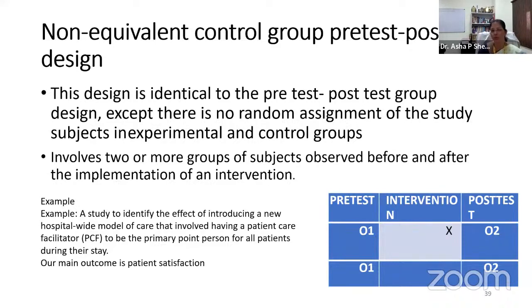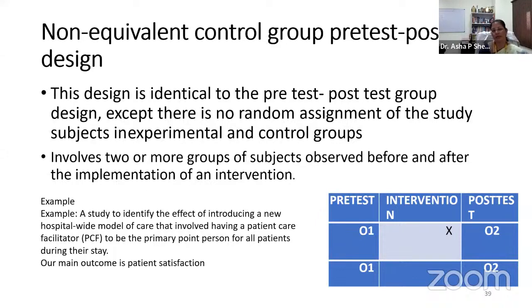So it involves two or more groups of participants who are observed before and after the implementation of the intervention. Let's say, for example, we study the effect of introducing a new hospital-wide model of care that involved having a patient care facilitator as the primary point person for all the participants during the stay.